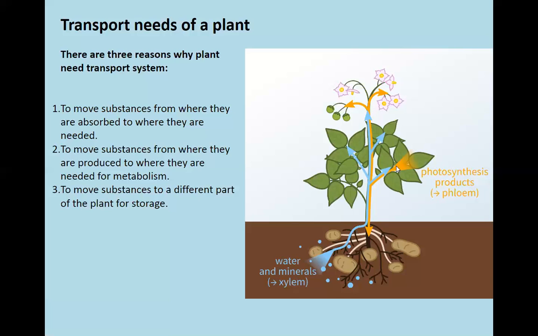You can see the orange color in here, and you can see that sugars, for example, which are the products of photosynthesis, are produced in the leaf, and they are transported to the ground or to the places of the plant where they are needed.